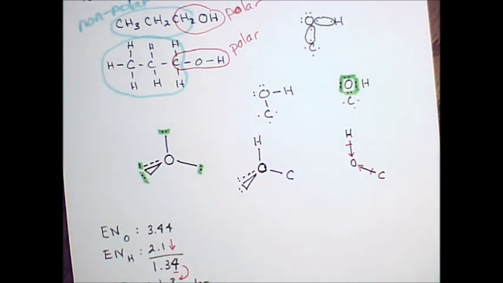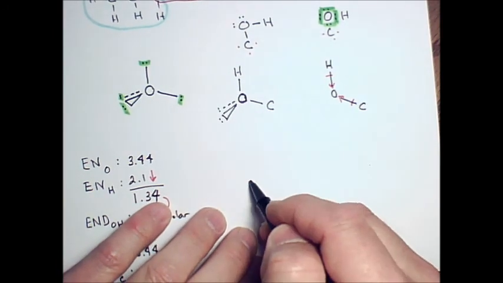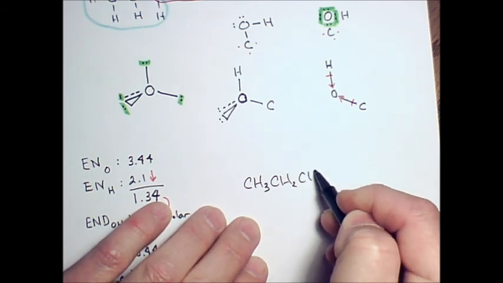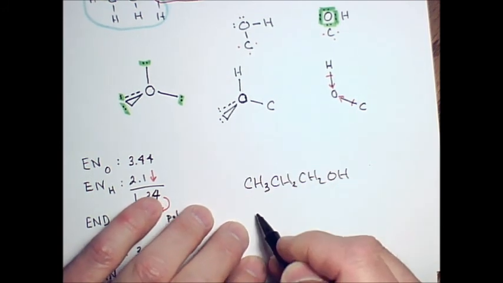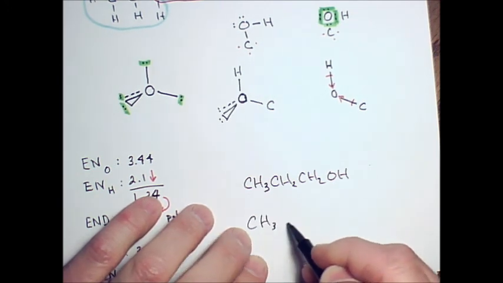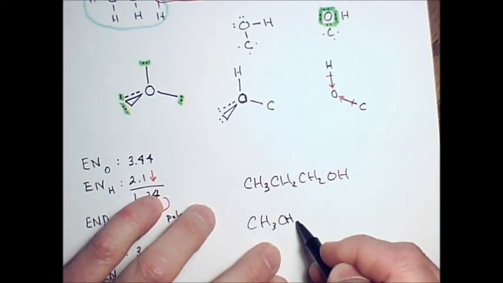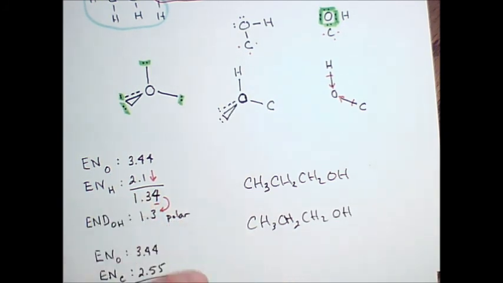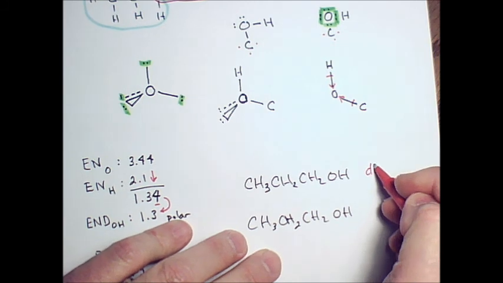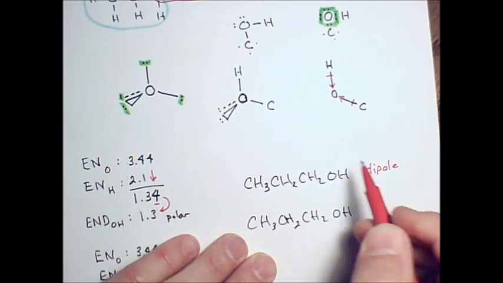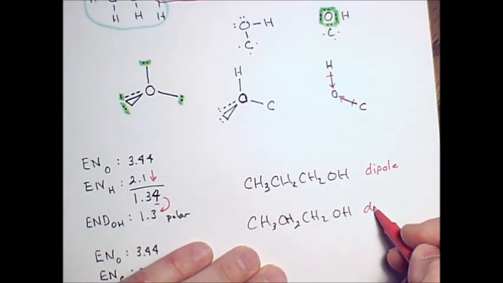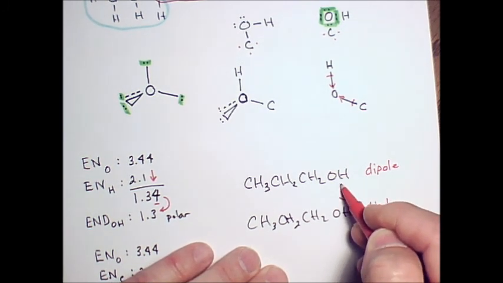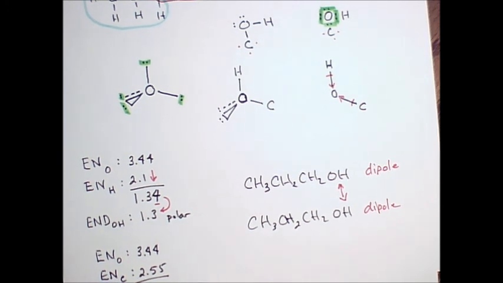Now, what that means is that this molecule, CH3, CH2, CH2OH, is attracted to another molecule of the same type. So this is a dipole-dipole attraction between those ends of the molecule.